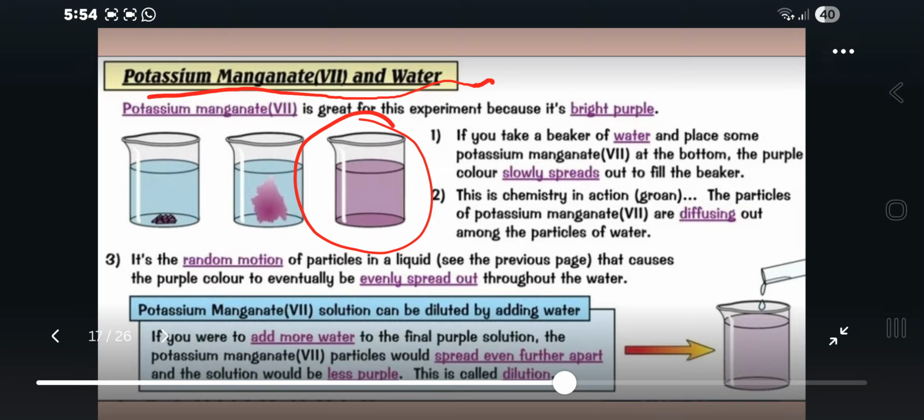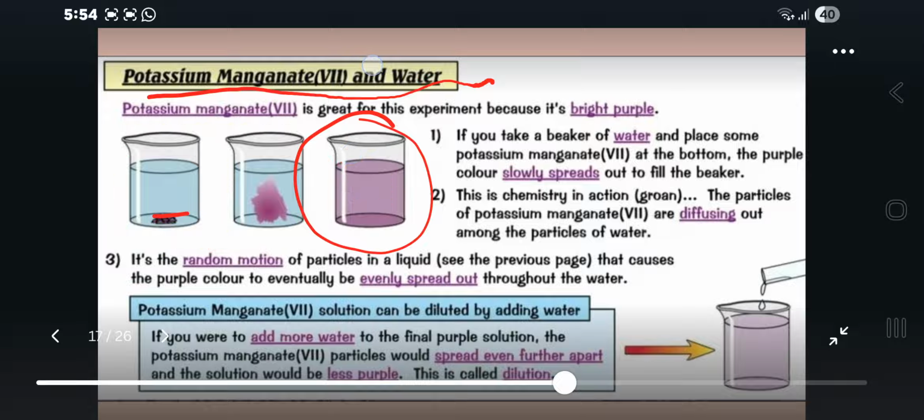In a beaker, you pour some water. For example, you have a beaker, you put some water over here, and then you put some potassium permanganate solution. Can you see the purple solution?